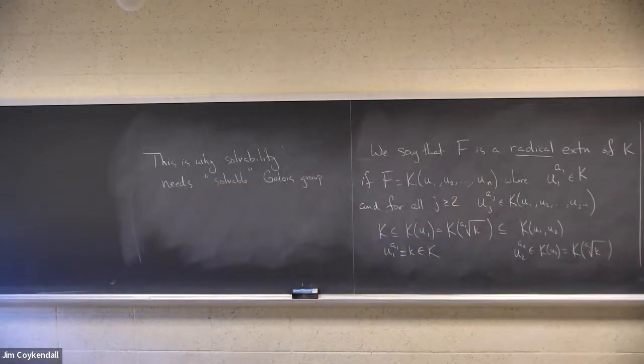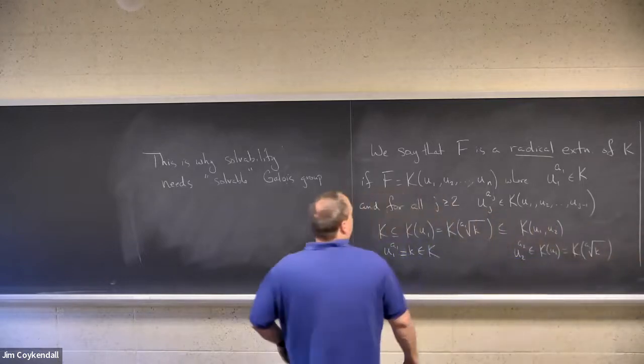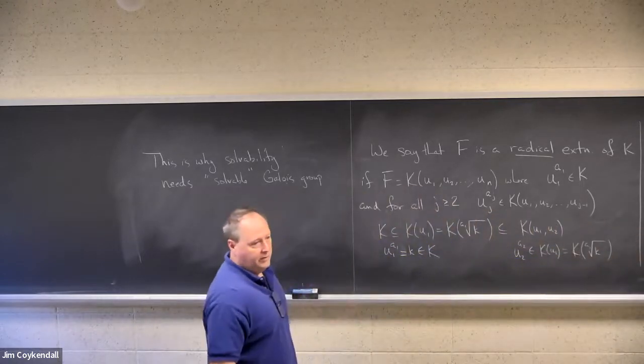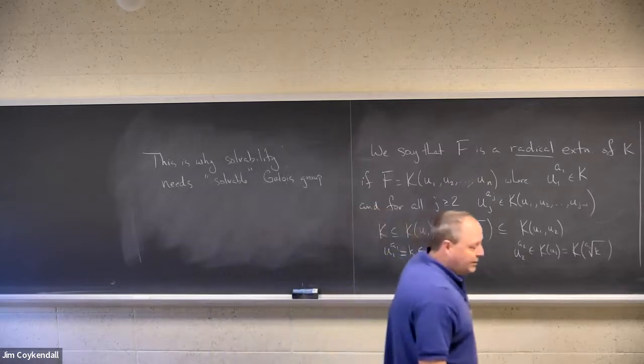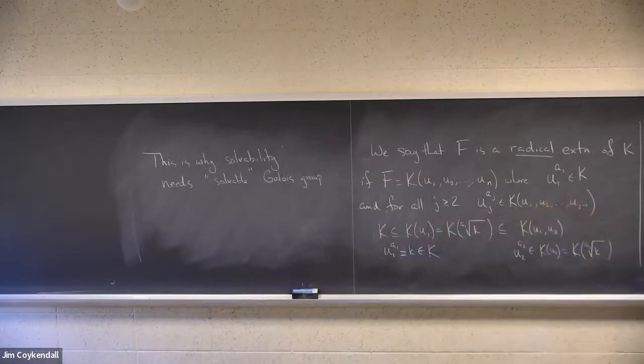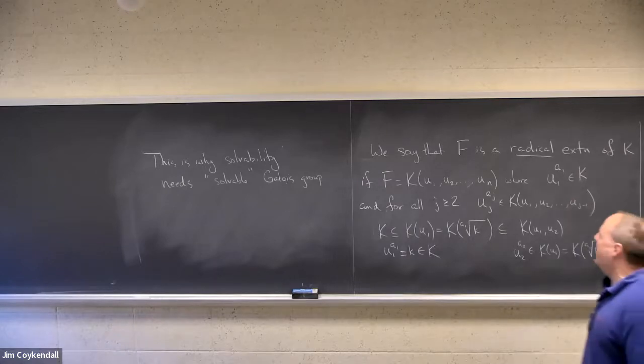There are a bunch of different ways to say solvable; you need a chain of normal subgroups such that the quotients are abelian. That's one of the ways to talk about solvability. This is exactly the condition that you need right here. So, for example, you cannot get the roots if your Galois group is S5.